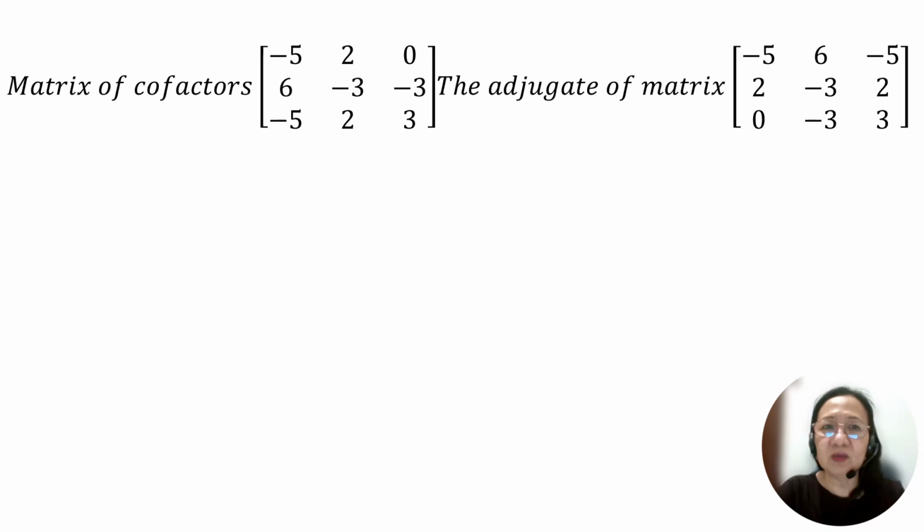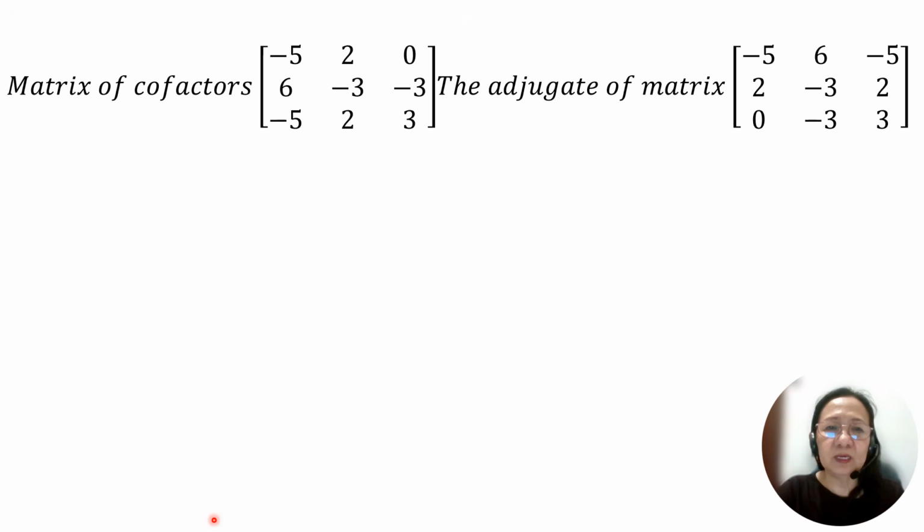Now let us find its adjugate, the adjoint. The first row, negative 5, 2, 0, is written in the first column. The second row, 6, 3, negative 3, is now written in the second column. And lastly, the last row, negative 5, 2, 3, is written now in the third column.